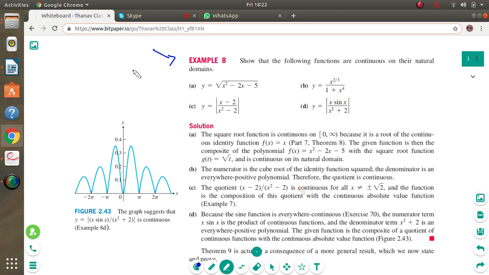The numerator is the cube root. The denominator is an everywhere positive polynomial. Therefore, the quotient is continuous, because they're saying this is positive. 2 by 3.